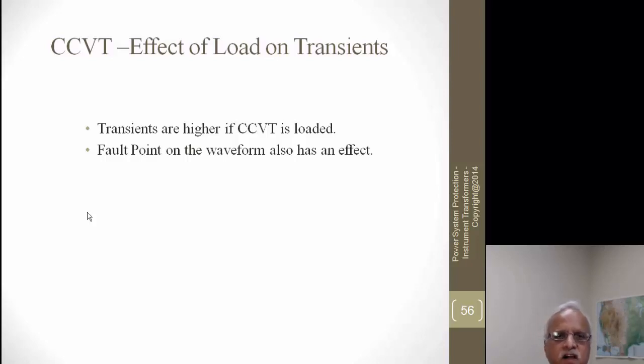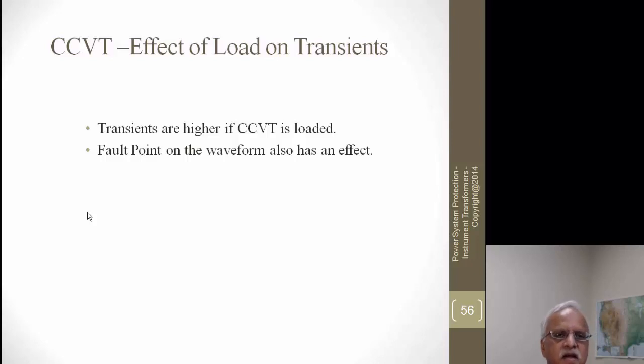We specified how the voltage transformers are classified, and based on the burden, they have different rating classifications. And then we also looked at capacitor coupled voltage transformers. If it is a magnetic PT and there is a short on the primary side, there is not much stored energy, and the voltage faithfully follows on the secondary side.